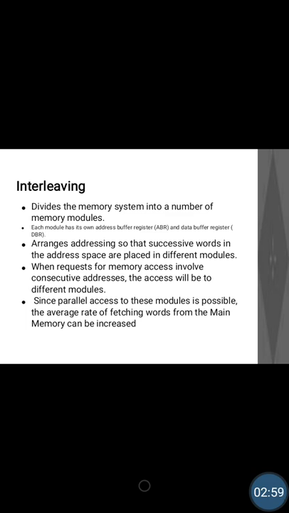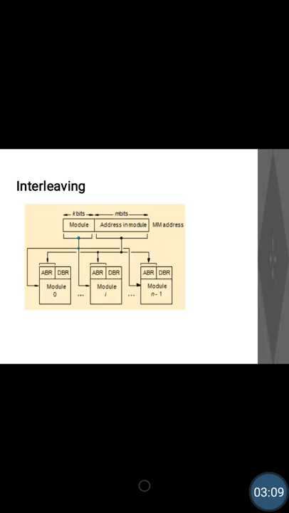Now we have two different address layouts which explain this parallelism. In the first case, the memory addresses are such that consecutive words are stored in a module. This case is showing consecutive words in one module.